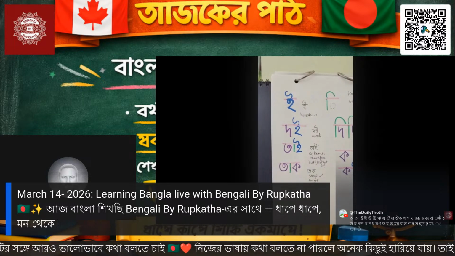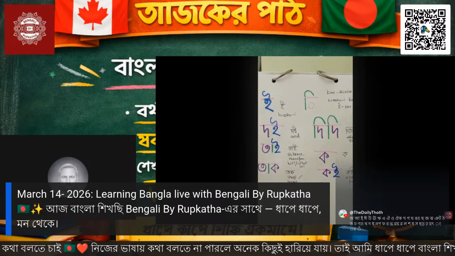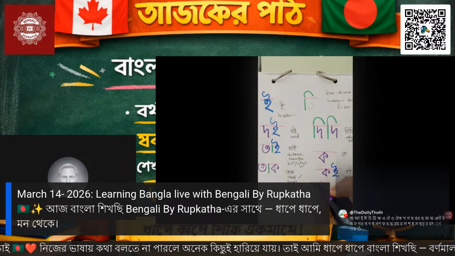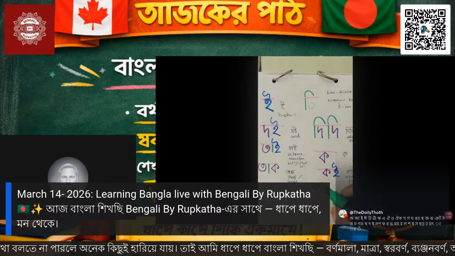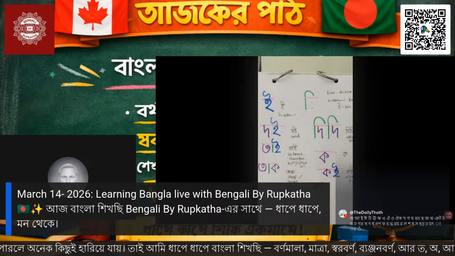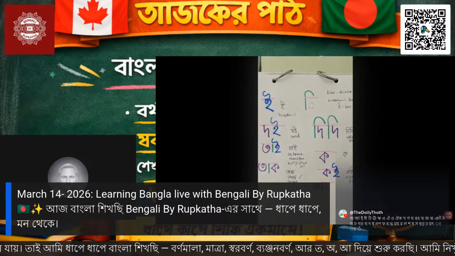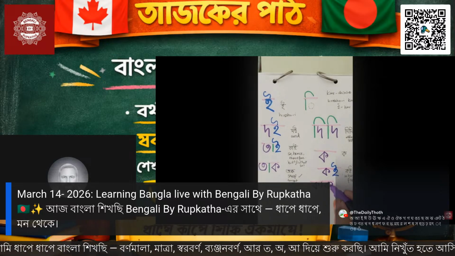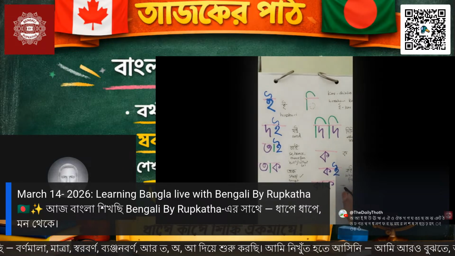Well, let's do another. This is a bird that I'm trying to write. And it's very commonly seen in Bengal. Let me write it with pen.